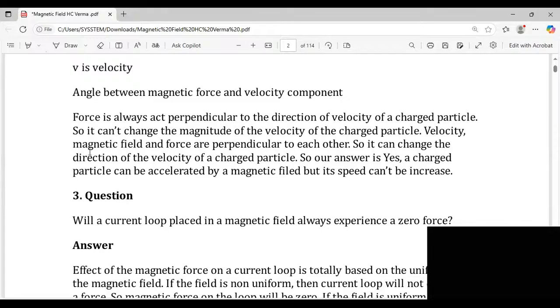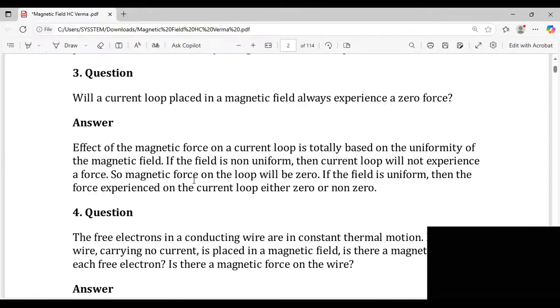It means that without increasing the speed of a moving charge, acceleration can be caused. So let's see question number 3.